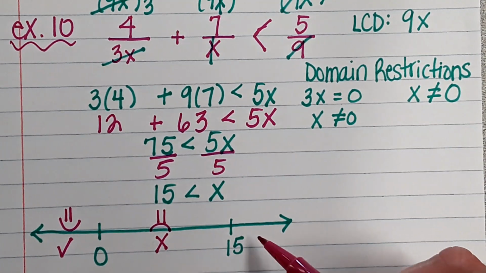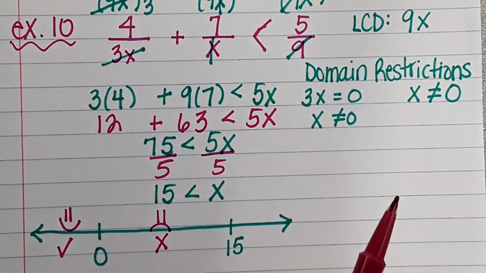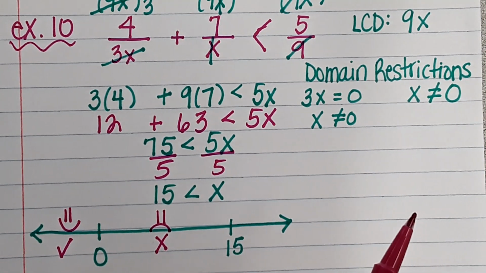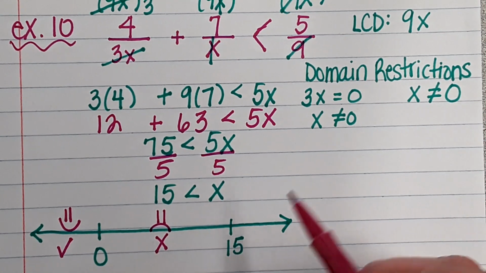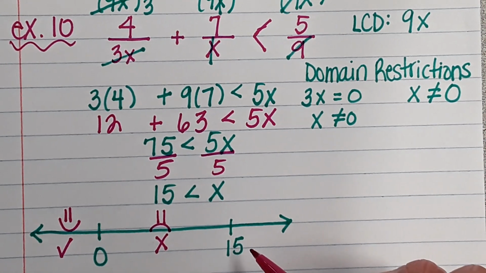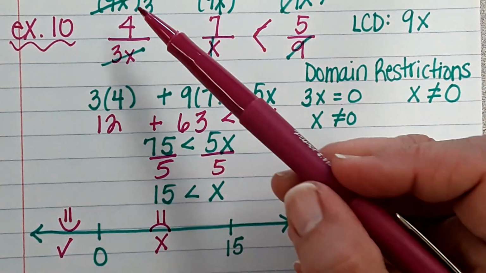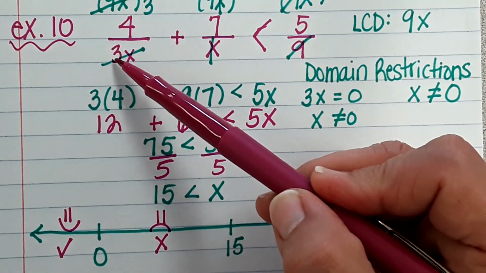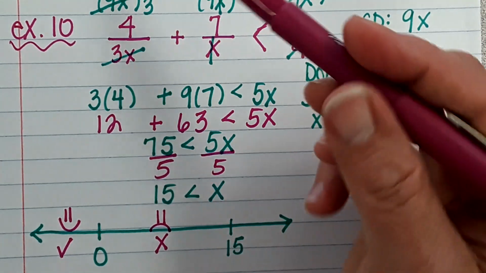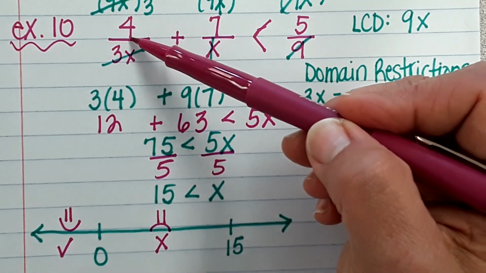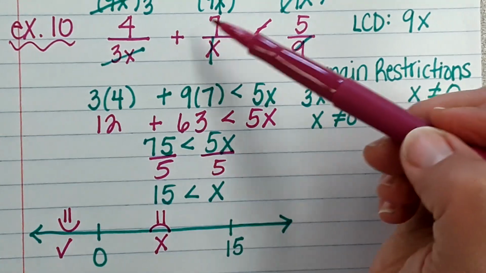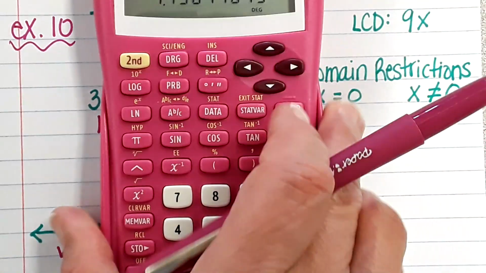Now let's pick a number that's greater than 15. What's the number greater than 15 you want to test? Let's test 16. So we're going to do 4 divided by 3 times 16, which is 48. So 4 divided by 48 plus 7 divided by 16.